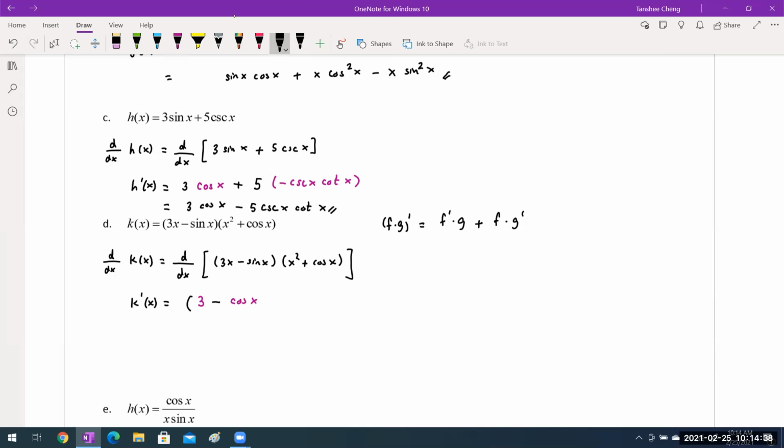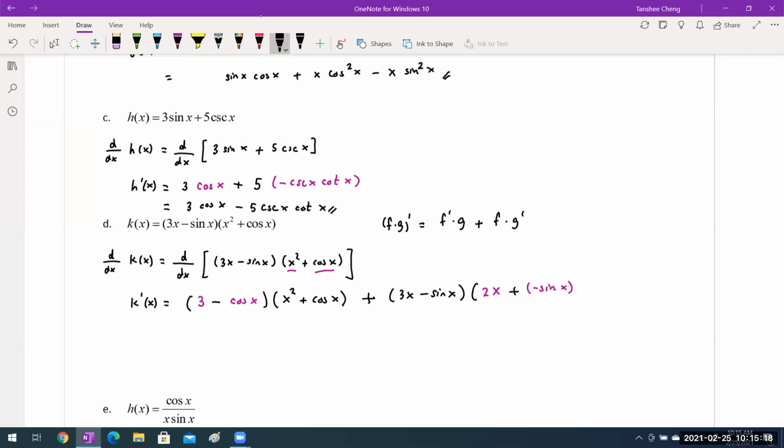And now multiplying this with the second factor, which is x squared plus cosine x, plus the first factor, 3x minus sine x, times the derivative of the second factor. The derivative of the second factor: for the first term, it will be 2x, plus the derivative of cosine x. The derivative of cosine x is what? Negative sine x.